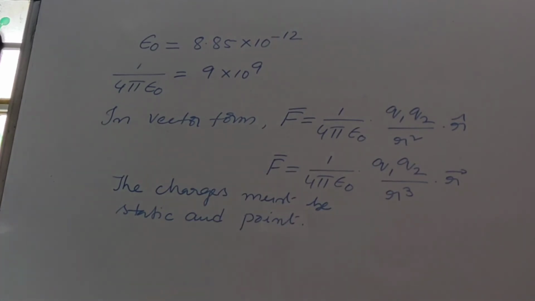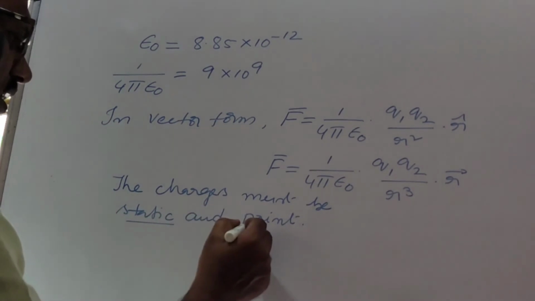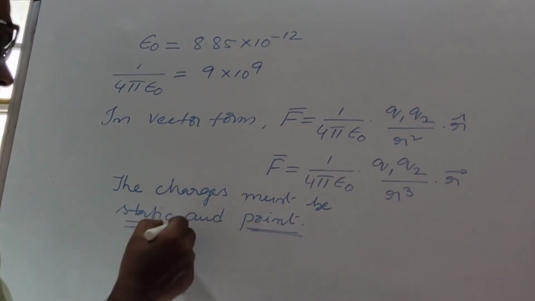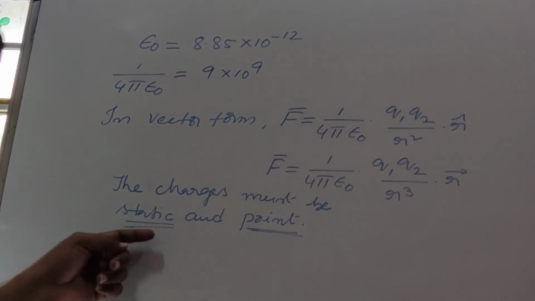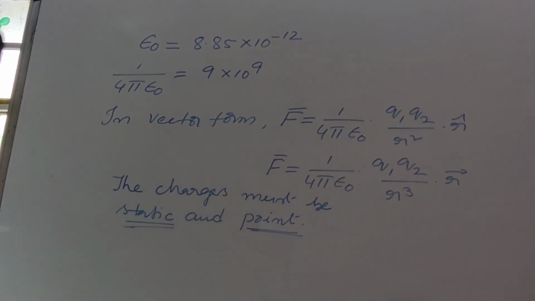These are the two conditions to find the force between two charges by using Coulomb's law. Or else we can also say that Coulomb's law can be applied to static and point charges only.